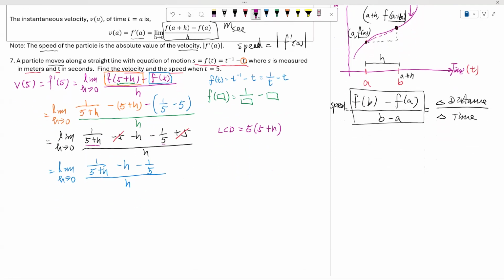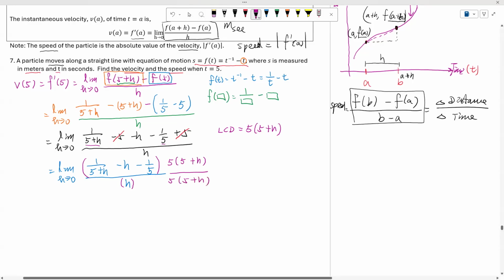Let's see how we use the LCD to help us clear the fractions and simplify the expression. What I need to do is multiply the expression that I have by 5 times 5 plus h over 5 times 5 plus h. So meaning I just multiply top and bottom by the LCD.